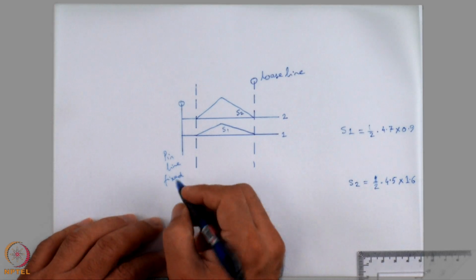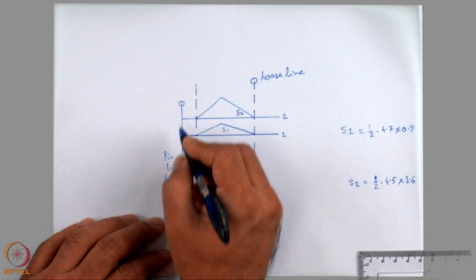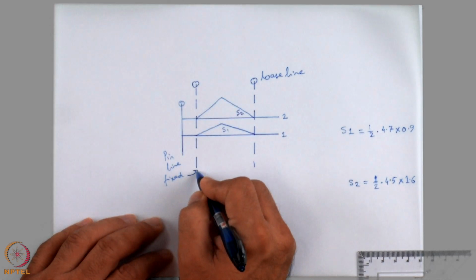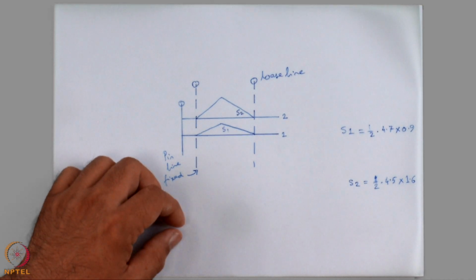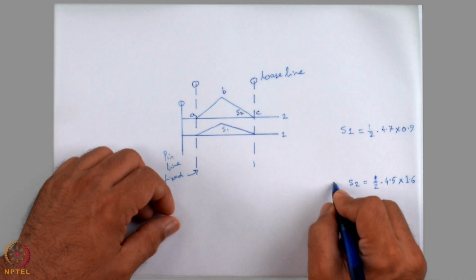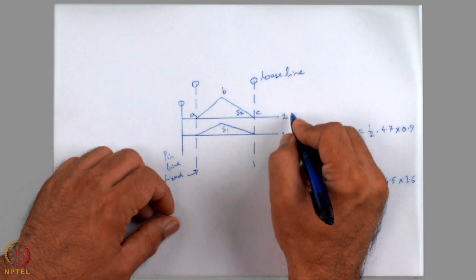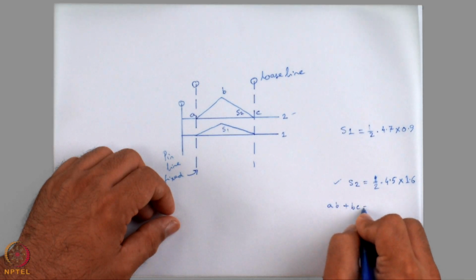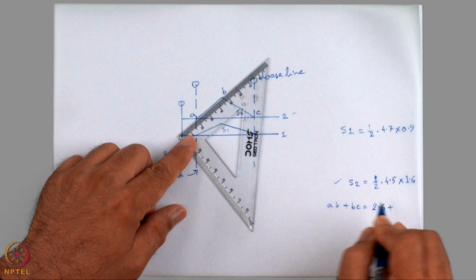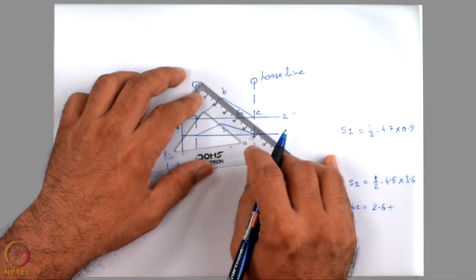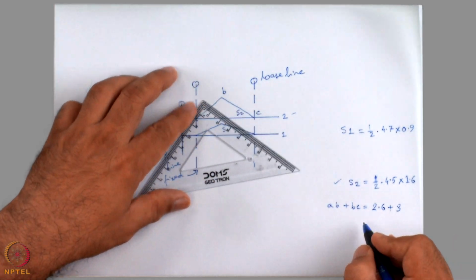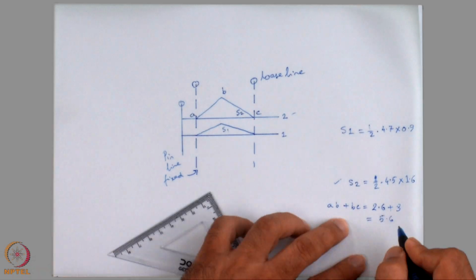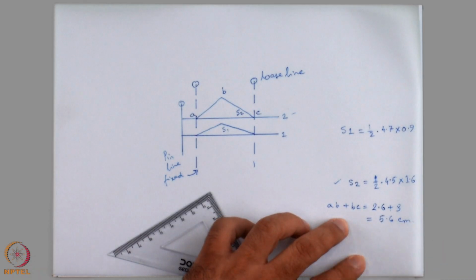Let us change for our convenience the pin line fixed from here to there. It will make our calculation fast. For S2 or the level 2 fold, the AB length plus BC length equals 2.6 centimeter plus 3 centimeter is equal to 5.6 centimeter.